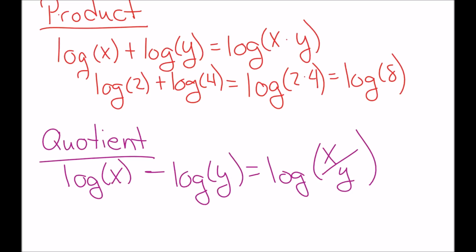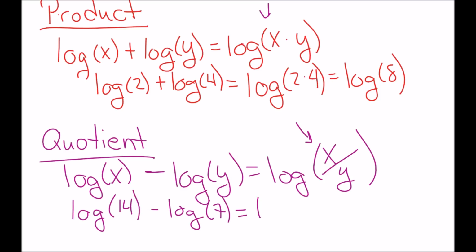Well, when we're talking about quotient and product, we're talking about what's inside the log parentheses: we're multiplying or dividing inside of them. Let me do an example of this quotient rule. Let's say the log of 14 minus the log of 7. That means we could say that equals the log of 14 divided by 7, which equals the log of 2.